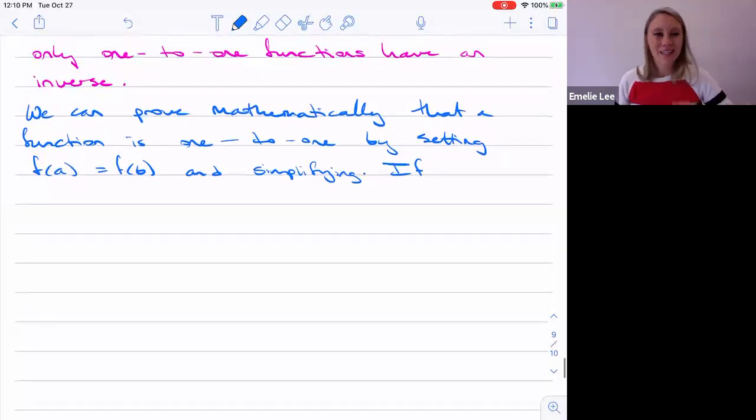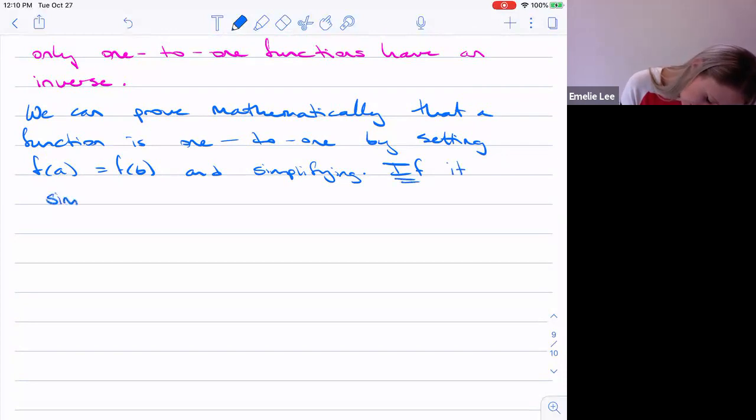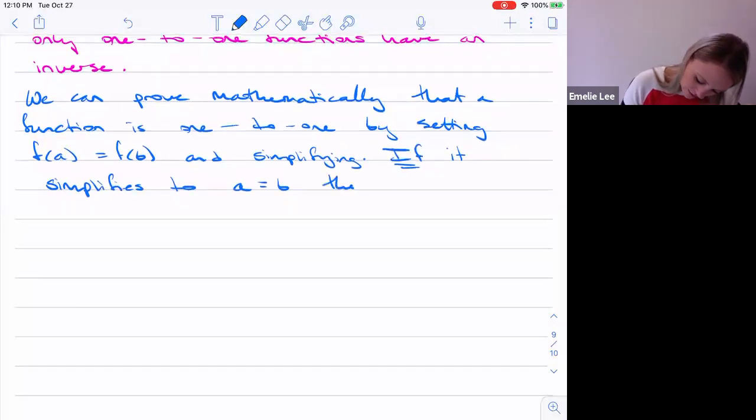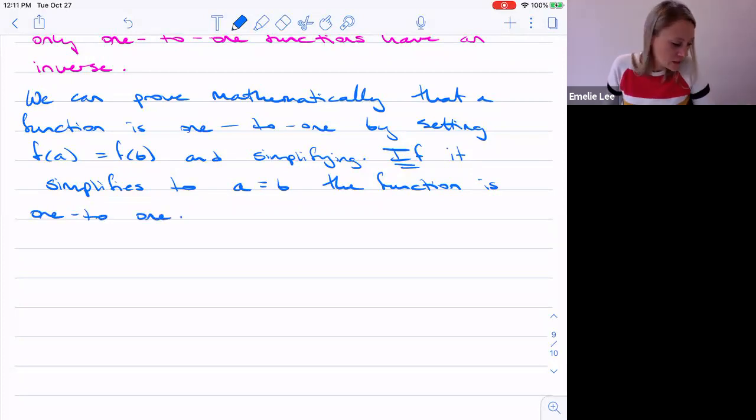If it simplifies to a equals b, the function is one-to-one. So that's mathematically.